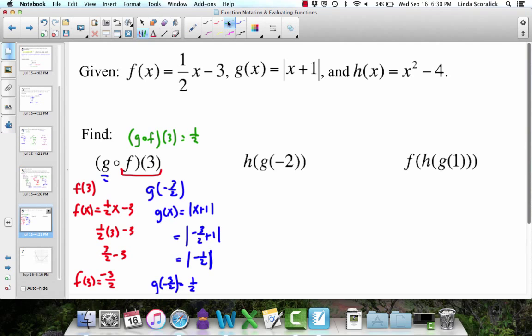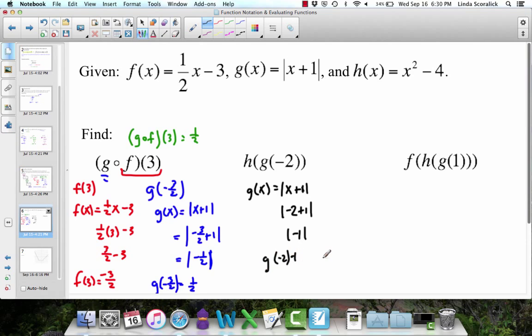I recommend that you pause the video here and try the next example on your own. Okay, hopefully when you evaluated g of negative 2, you picked that g of x function, and you ended up evaluating the absolute value of negative 2 plus 1, which should have given you 1.